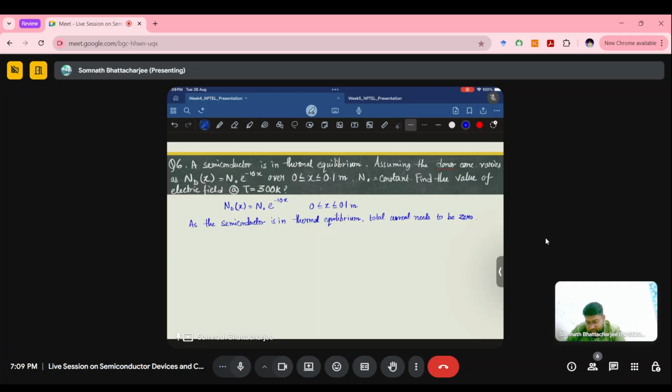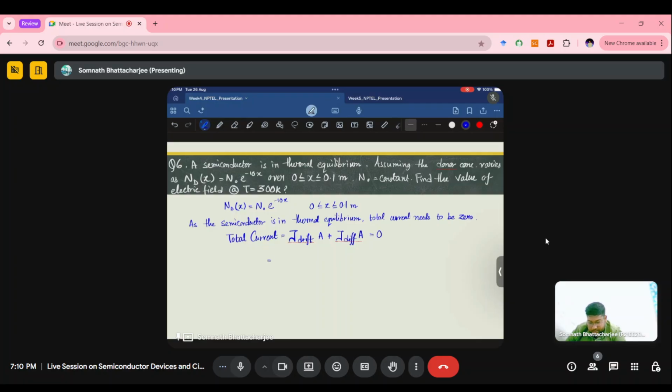Based on this fact, let me write this. What is the total current? Total current is the current by drift and the current by diffusion. These are the separate terms. We know that it is 0.